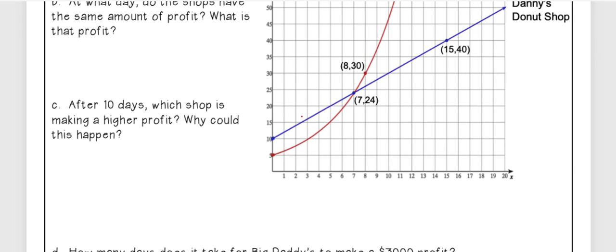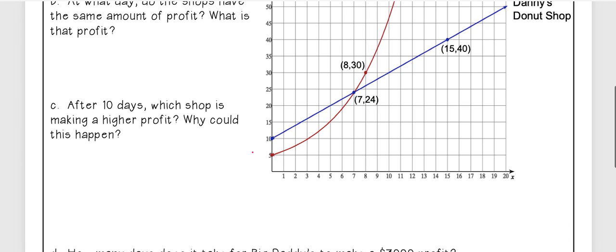So when I am looking at that 5, that is really saying $500. When I look at that 25, that's really saying $2,500. When I look at that 40, I need to add 2 zeros to that, so that's really going to say $4,000.